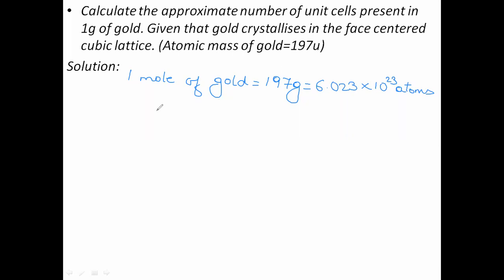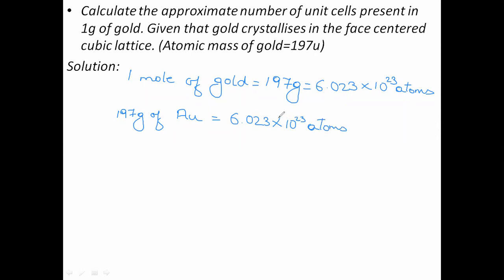So after this, what we can understand is that 197 gram of gold is equal to, or contains, 6.023 into 10 to the power 23 atoms.